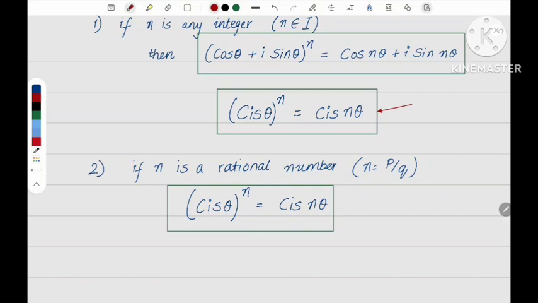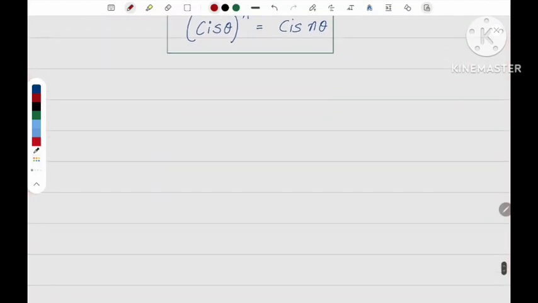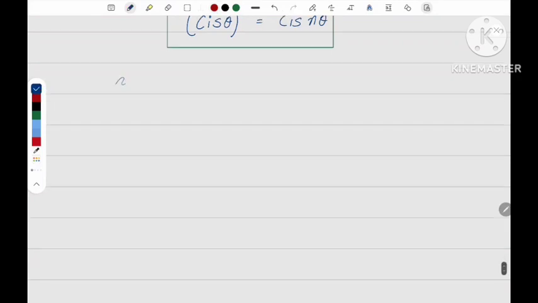Now after seeing this, I will move to properties of modulus, properties of argument, and properties of conjugate. So first thing I will take here is properties of modulus.